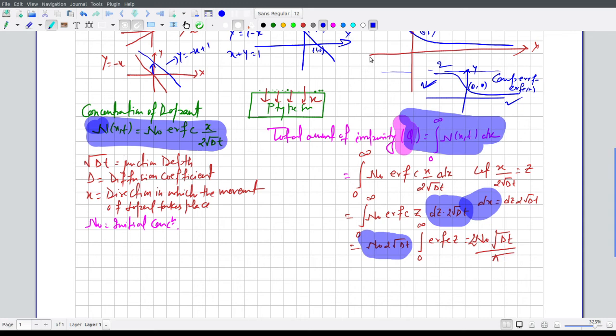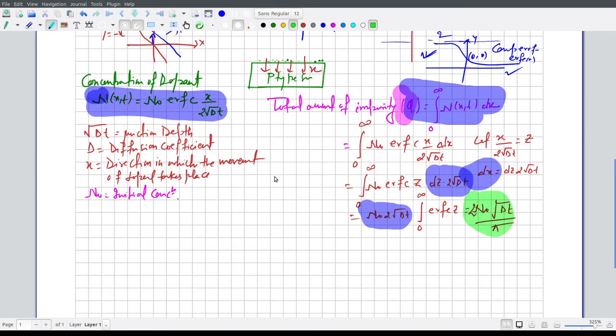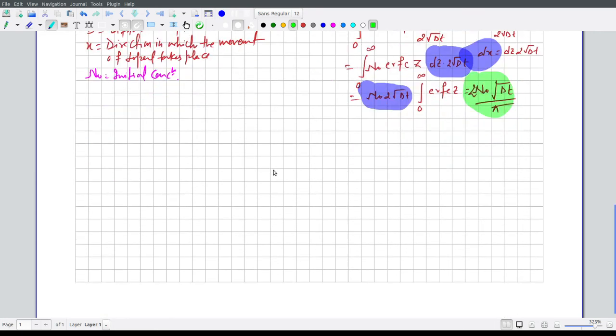Then finally we find the value of Q. So this is the concept for the use of the complementary error function.